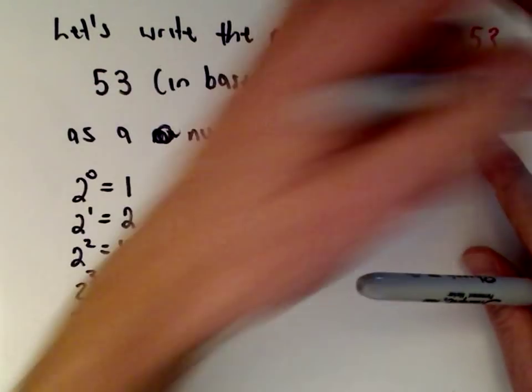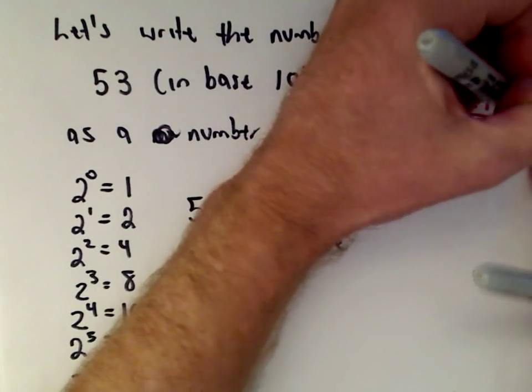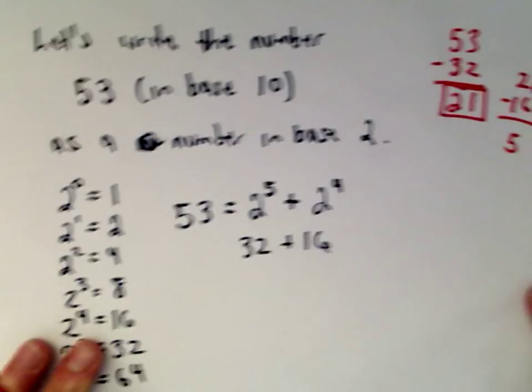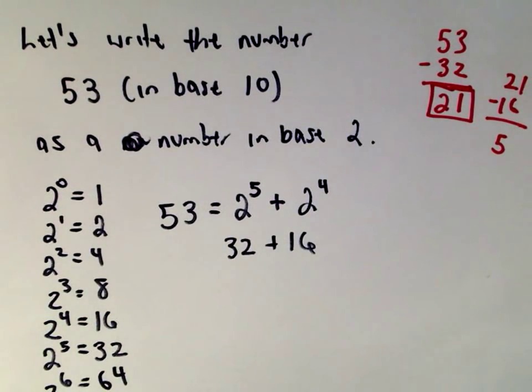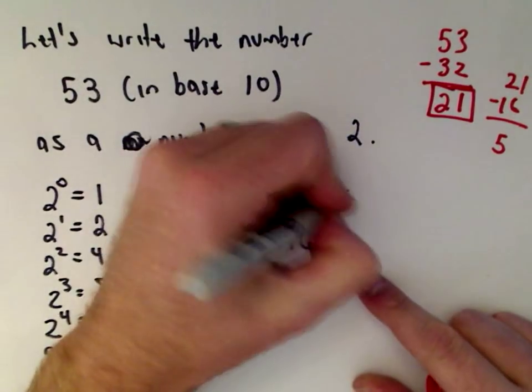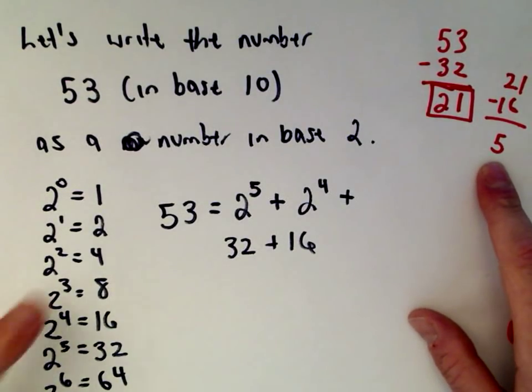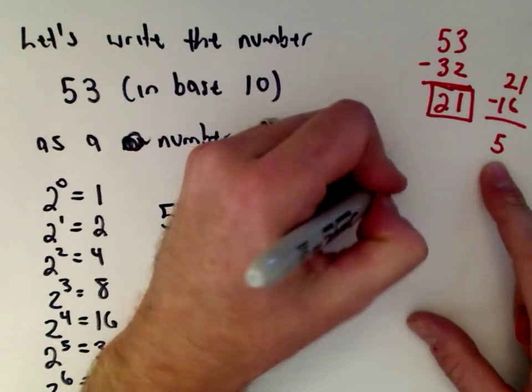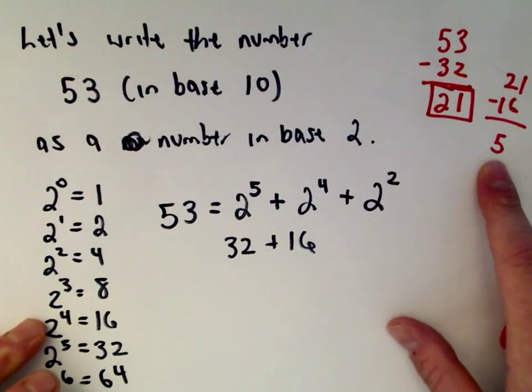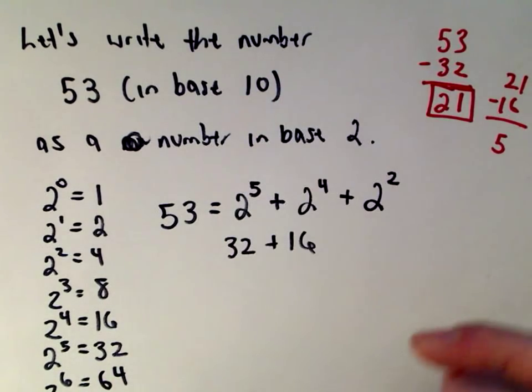If I take 21 and subtract away 16, that's going to leave us with 5 remaining. So I'm going to do the same thing. What's the biggest power of 2 that will go into 5 without going over? Well, 2 squared is going to give us 4. So again, we can subtract away 4.